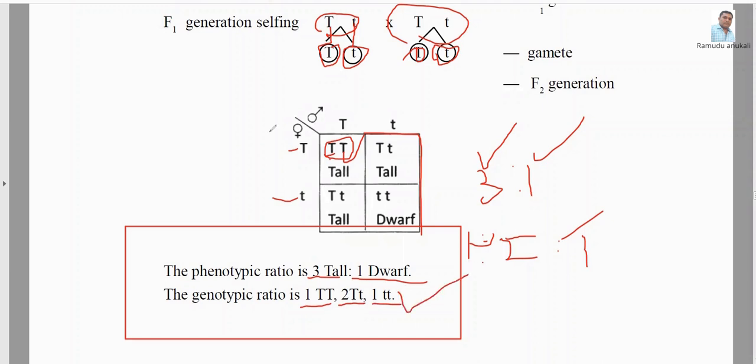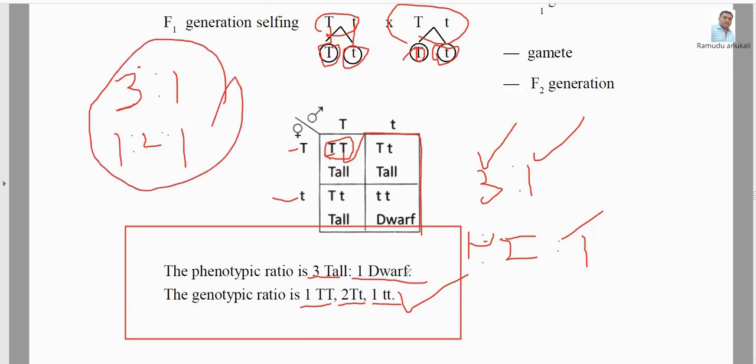Whenever someone asks what the monohybrid cross phenotype ratio is, it means 3:1, 3 tall 1 dwarf, whereas the genotype ratio of the monohybrid cross means 1:2:1. This you have to keep in mind.